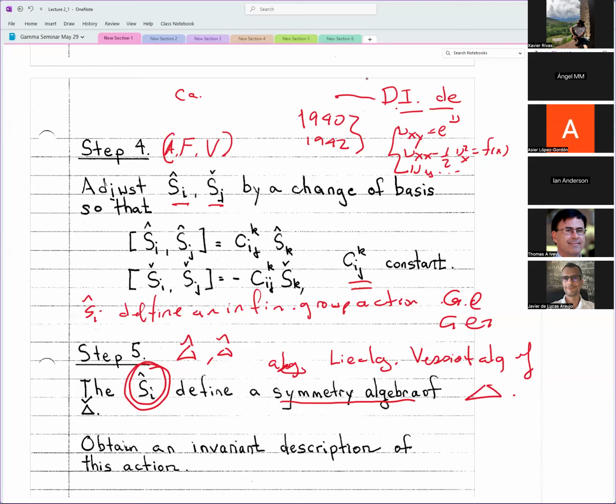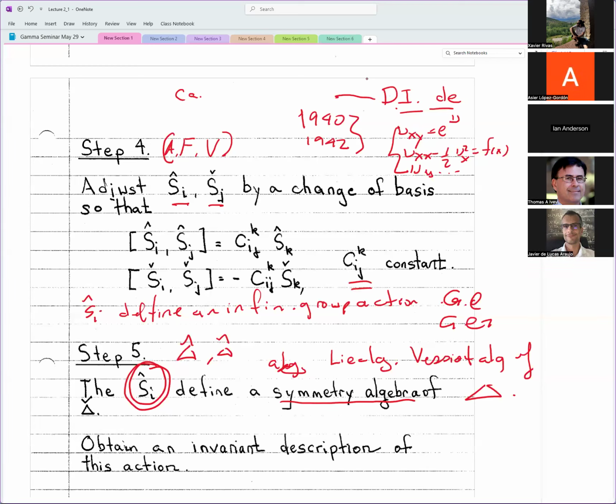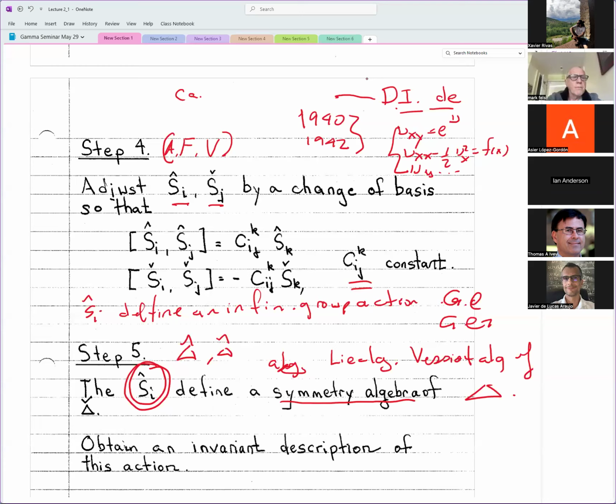And this is certainly the thread that Cartan picks up in his 1910 paper. And so I feel, and I think my collaborators feel the same way, that Vessiot was the first person to take this theory of Darboux integrability and give it a group theoretic interpretation. A priori, there are no Lie groups in this theory at all. But by the time you're done with this construction, you're heading towards a group theoretic interpretation of the method of Darboux.